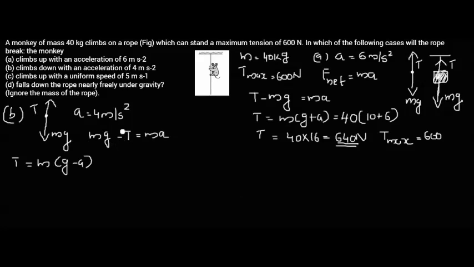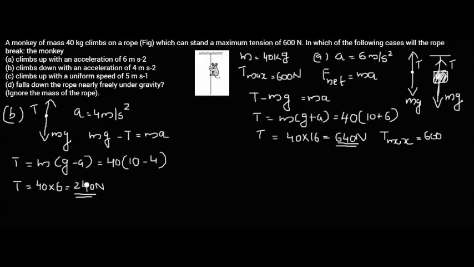I took T to the right hand side and ma to the left hand side, and took the mass common. Mass is given as 40, g is 10 and a is 4. So the tension offered by the string is 40 into 6, which is equal to 240 Newton.